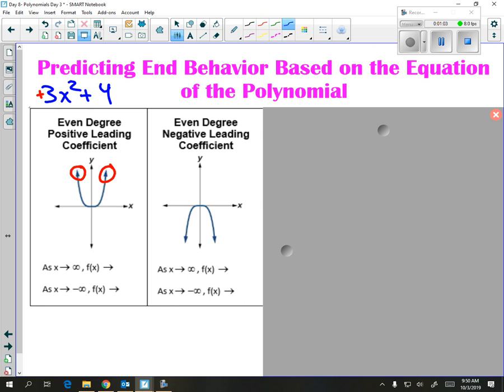If you have a negative leading coefficient, so if you have a negative 5x to the fourth minus x plus 2, there is a negative in front of the term with the largest exponent. So negative leading coefficients means that your arrows are going to end going down.